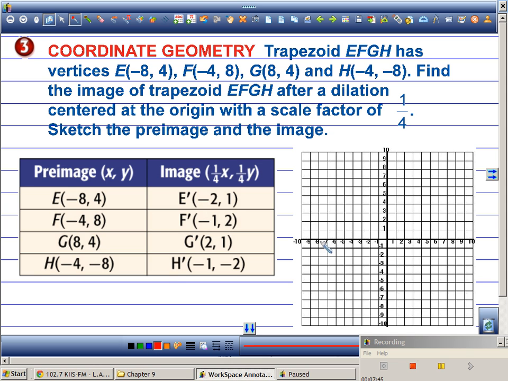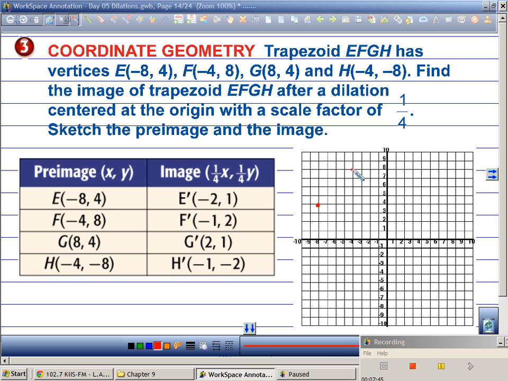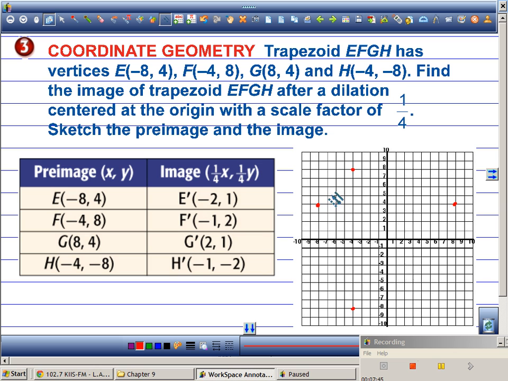So my original image is -8, 4, -4, 8, 8, 4, and -4, -8. My new image is going to be reduced by how much? By 1/4.